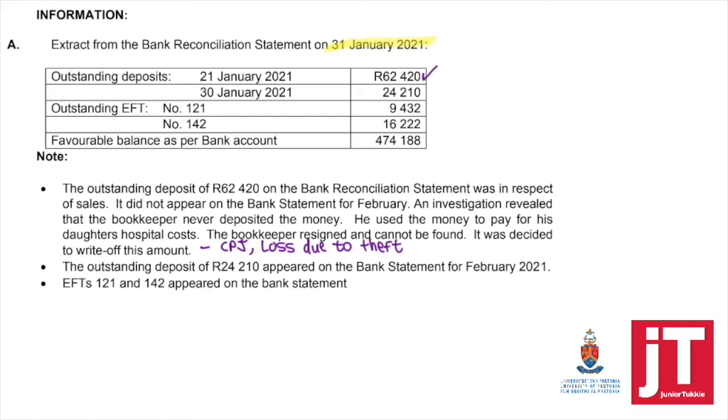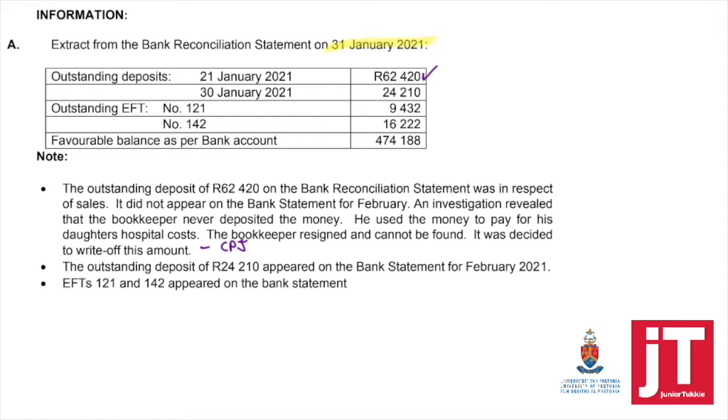So now, if we decide to write this off, yes, money is missing. It's a loss. But they specifically said to us, this was in respect of sales, which means that our sales will now be overstated. We need to correct that.